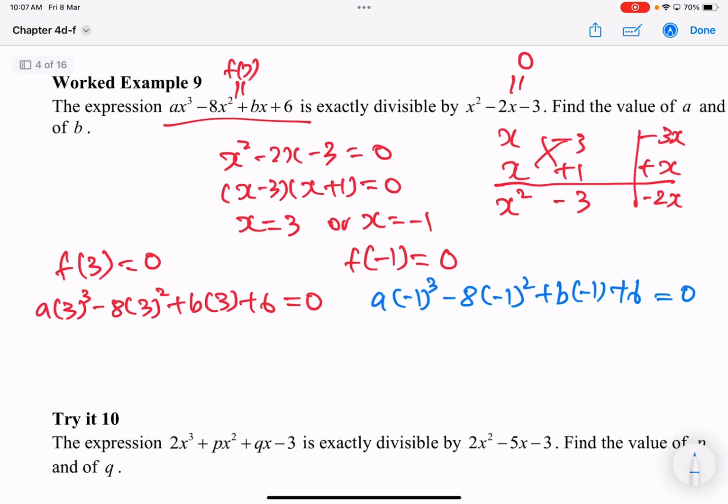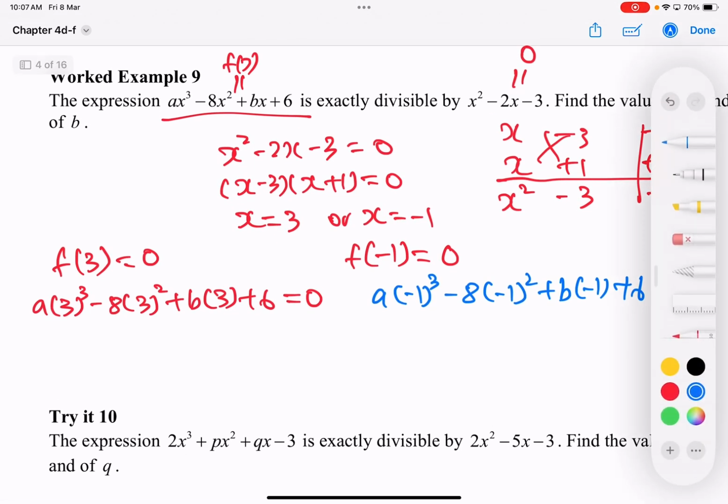I have 2 equations. Let's simplify them. 3 cubed gives me 27, so 27a. Minus 8 times 3 squared, which is 9, times 8 gives 72. So negative 72 plus 3b plus 6 equals 0.